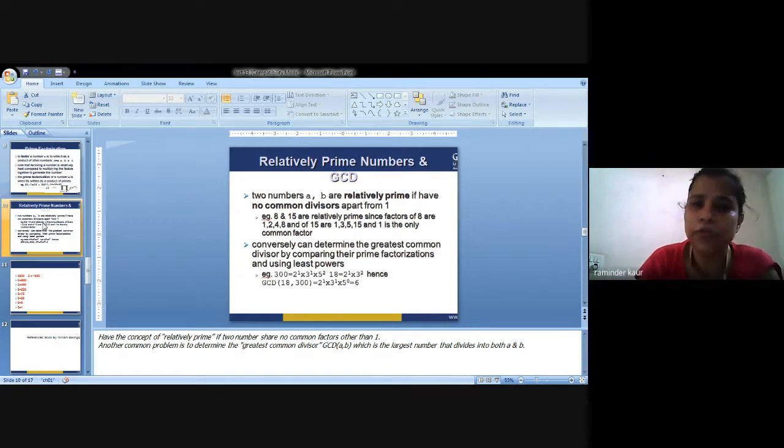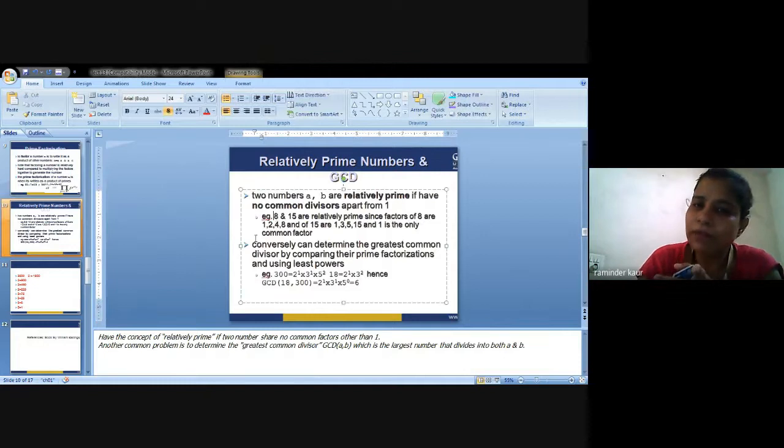Why are the factors of 8 1, 2, 4, 8? Because 8 multiplied by 1 is 8, 2 into 4 is 8. Similarly, 3 into 5 is 15, and 1 into 15 is 15. 1 is the only common factor in both the numbers; 2, 4, 8 and 3, 5, 15 will be discarded. So only 1 is the greatest common divisor.